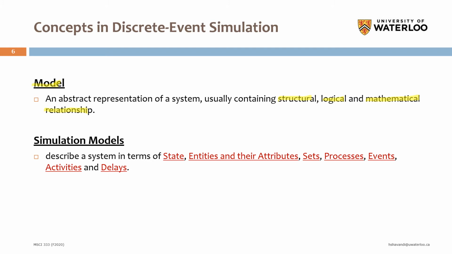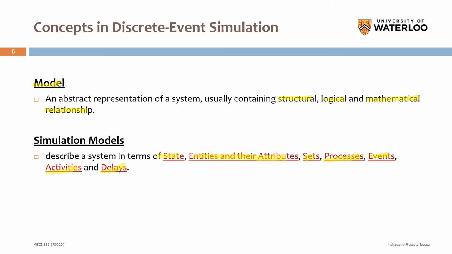A simulation model describes a system in terms of its state. We are going to show in our model how the system's state changes over time: entities and their attributes, sets, processes, events, and activities and delays.